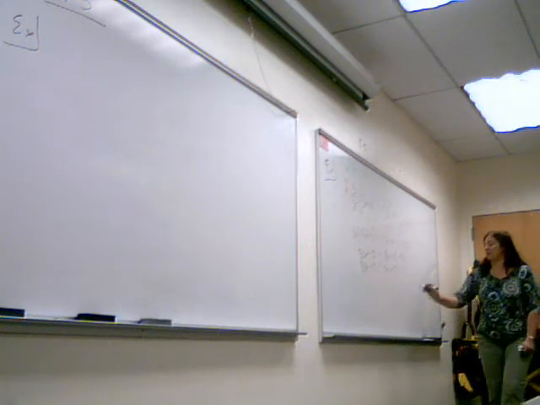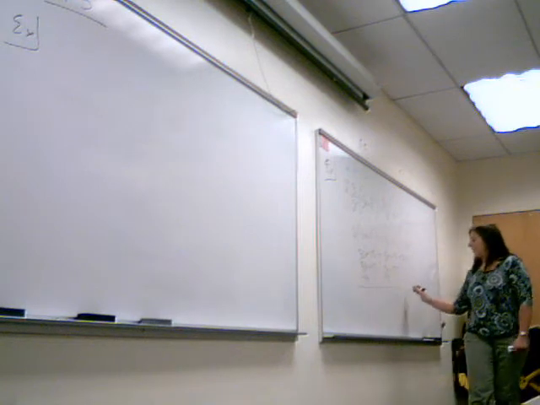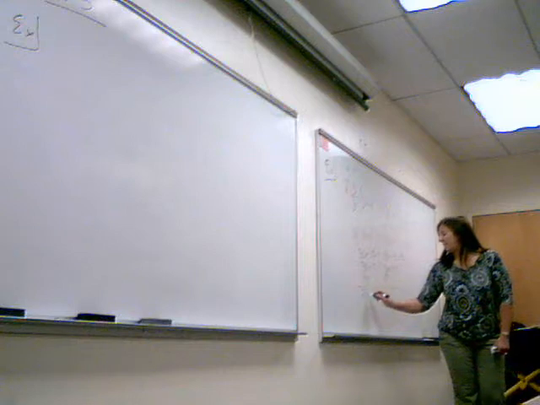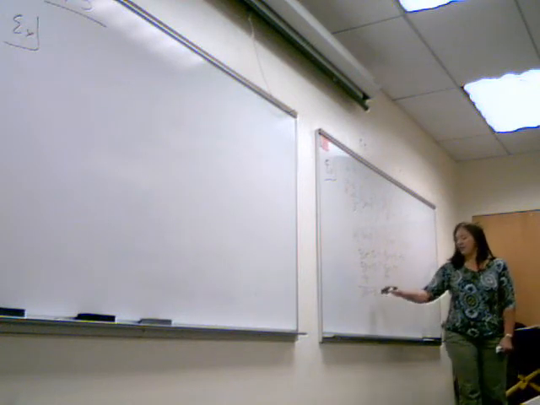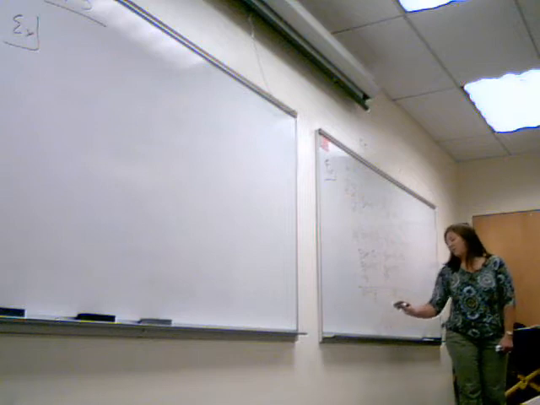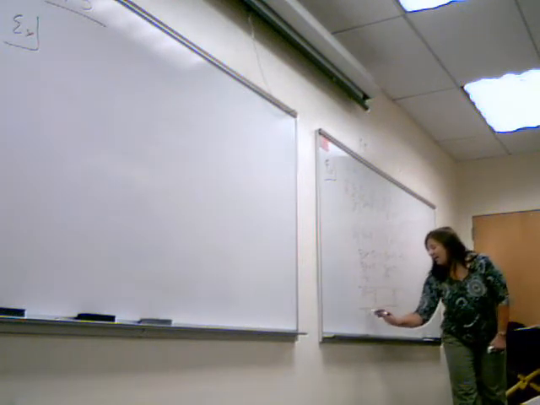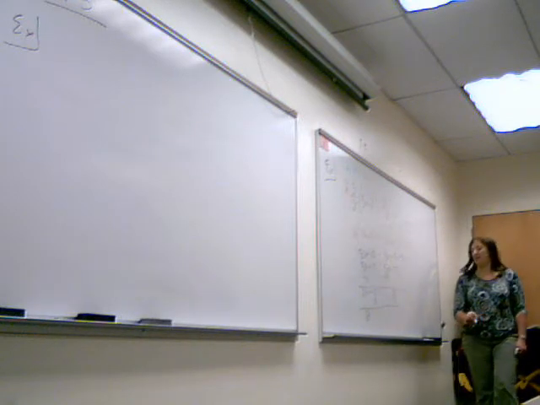Subtract 5x from both sides. Okay, so that's going to give me 25 x's. And I still have my 25 over here, so I want to get rid of my 12. I'm going to subtract that. So 25x equals how many? 13.